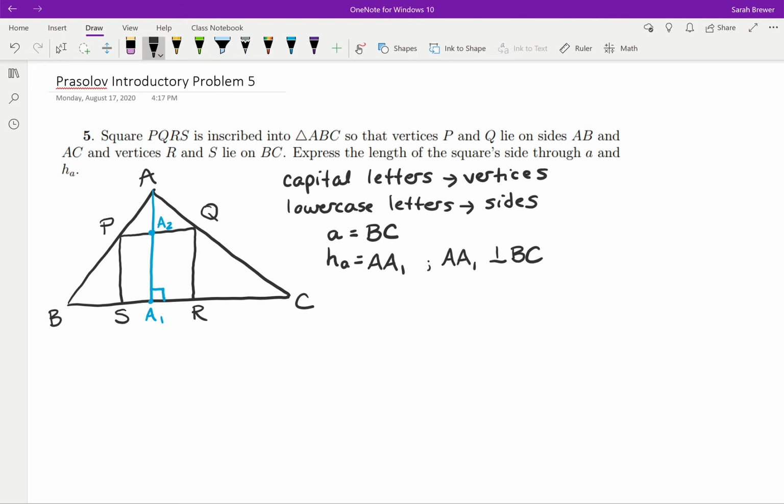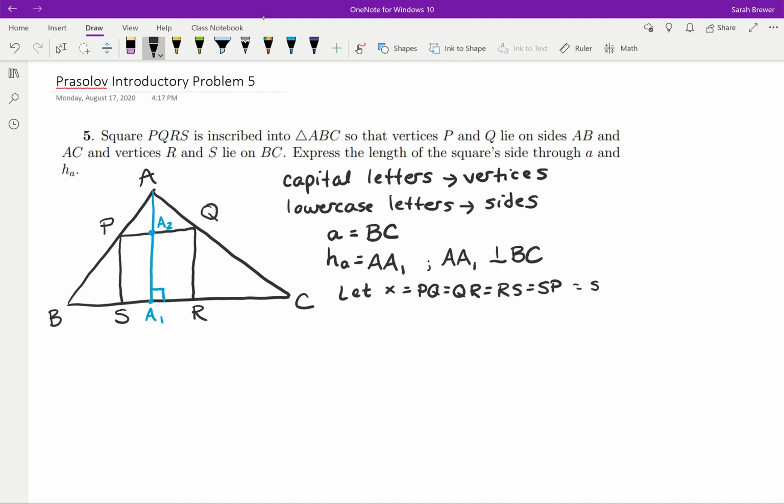All right, so just for ease, so we don't get confused whether we're calling PQ, QR, SR, SP the side length of our square, I'm going to let x be the side of the square. So that's equal to PQ. It's also equal to QR, equal to RS, and equal to SP, right?